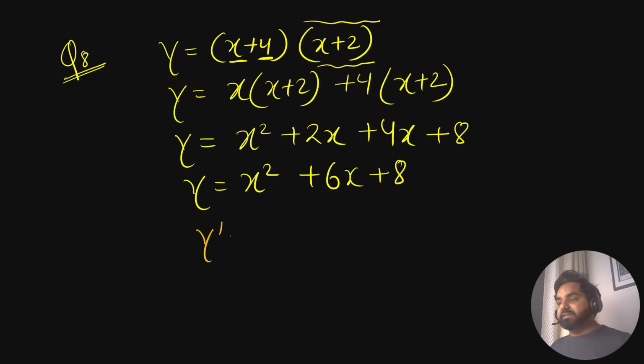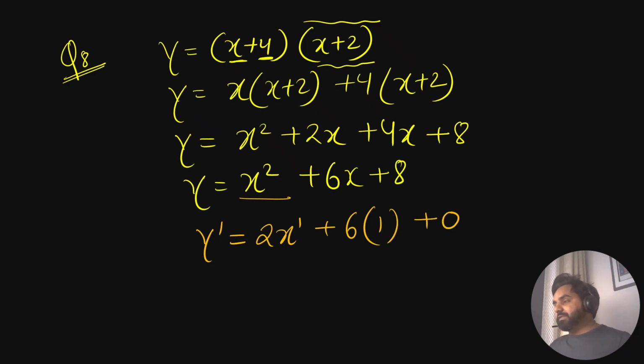So y dash will be, differentiation of x square is 2x to the power 1, plus 6, differentiation of x is 1, and differentiation of 8 is 0. So your final answer is 2x plus 6.